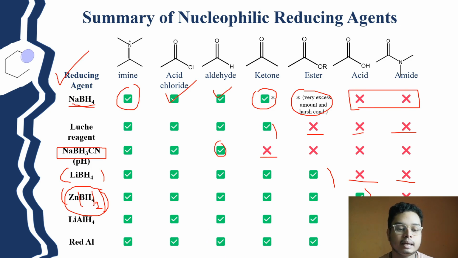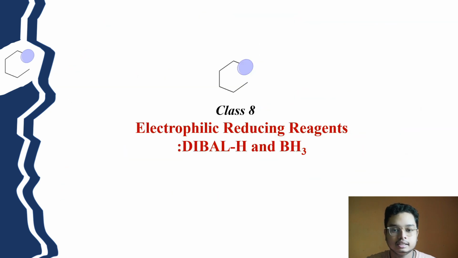And lithium aluminum hydride and red aluminum will reduce all the functional groups present here. So this is a summary of our nucleophilic reducing agents, and with this we end the nucleophilic reducing agents. In the next class onwards, we will talk about the electrophilic reducing agents such as LiAlH4 and BH3.